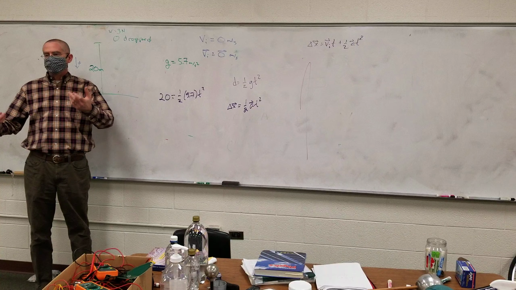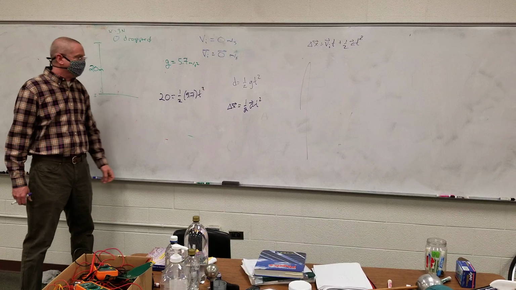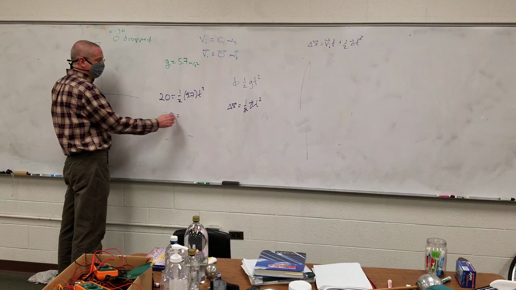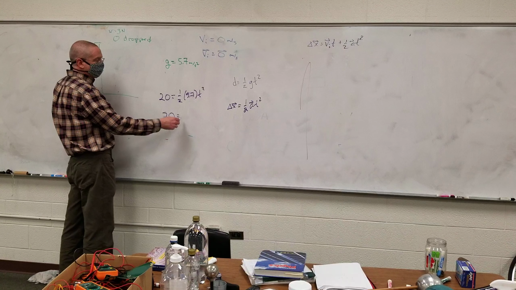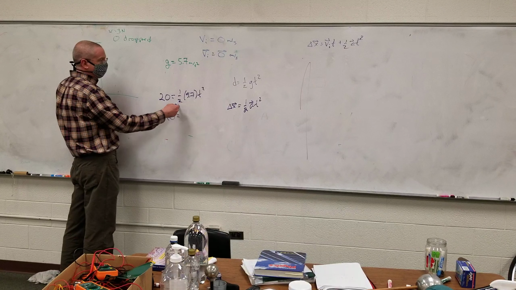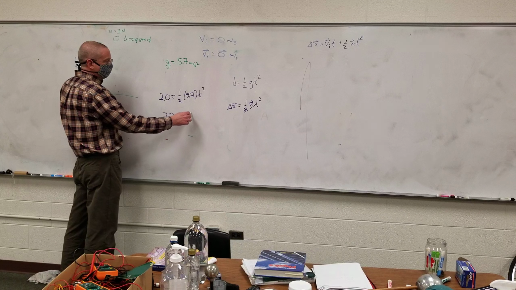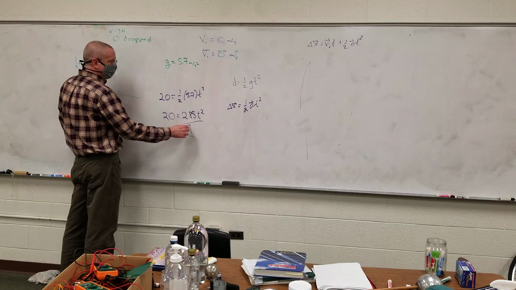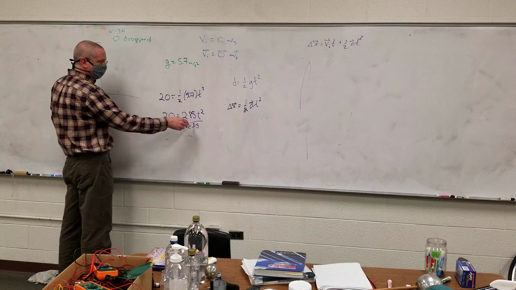It's a matter of your own personal math style. So I got 20 is equal to, I'm just going to multiply 1/2 times that, which is 2.85, I believe. And then divide by 2.85 to get rid of that.